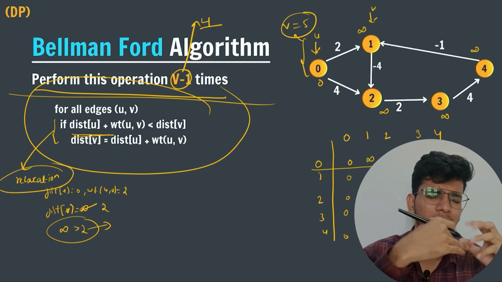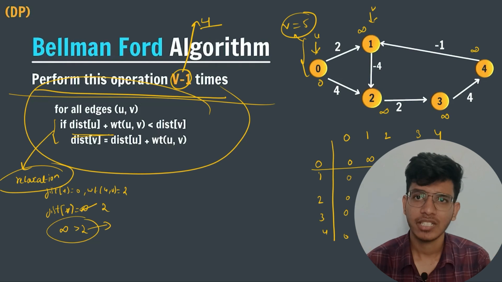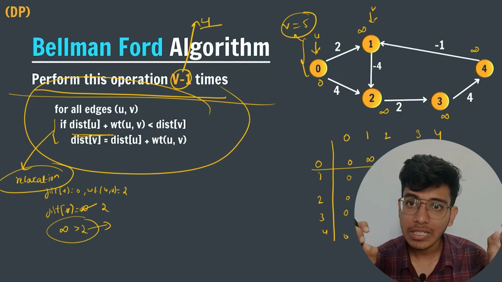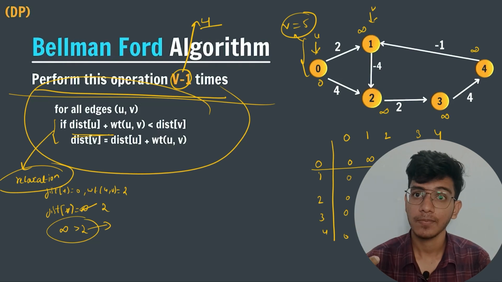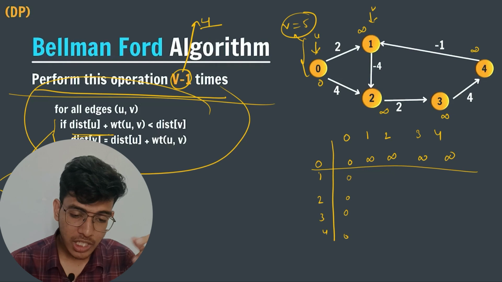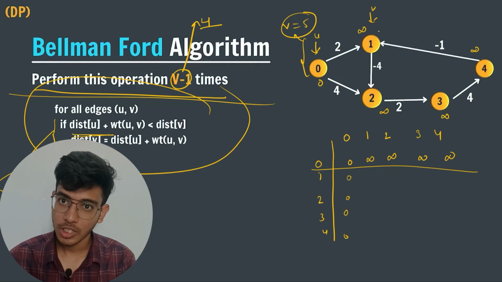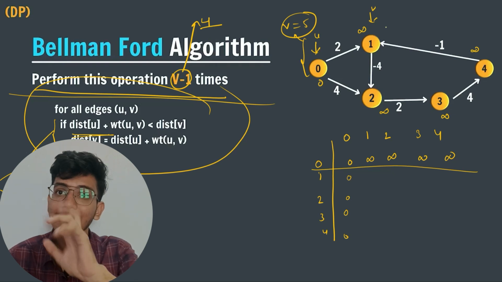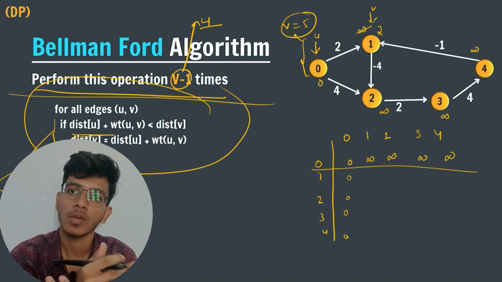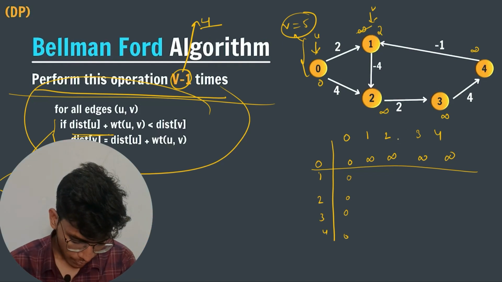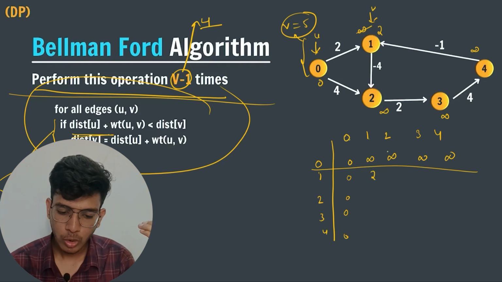For V minus 1 times, whenever I am running a loop, I will calculate the relaxation step, and if it is satisfied, then I will change the distance of V, okay? Initially the distance of V is infinity. After calculating the relaxation step, my distance of V will change from infinity to 2. So here I will change the value of 0 to 1 as 2.